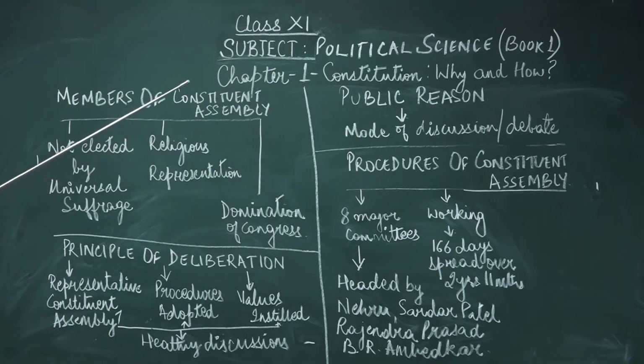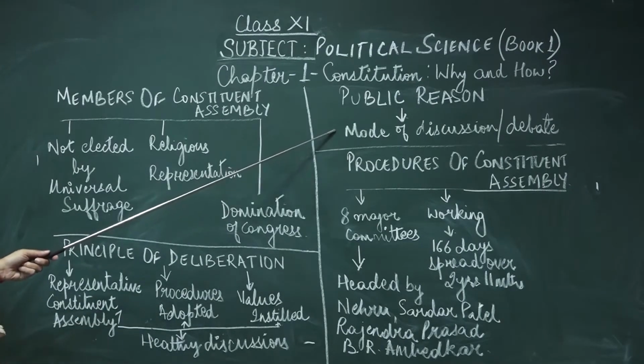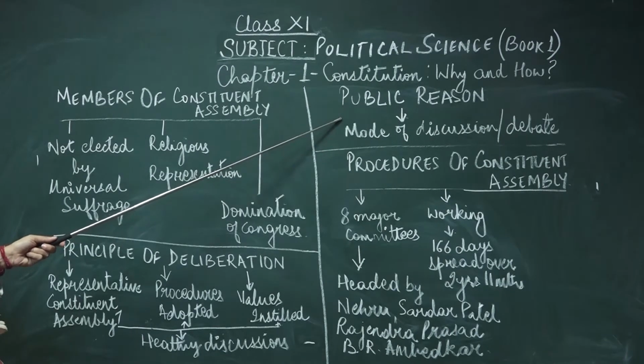The next topic which we need to understand is public reason. What is public reason? The members of the assembly placed a great emphasis on discussions and reasoned argument. I have already told you this. They did not simply advance their own interest, but gave principled reasons to other members for their positions.